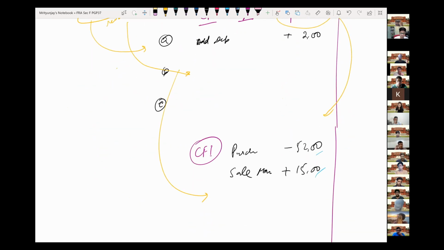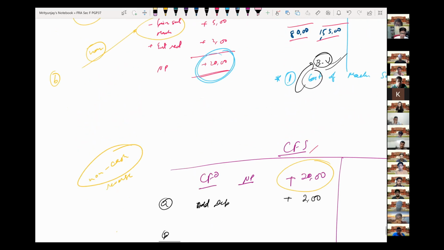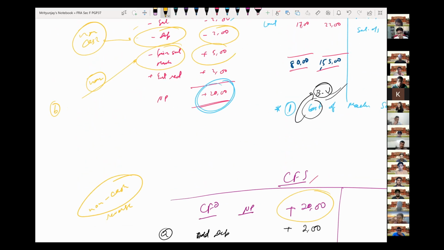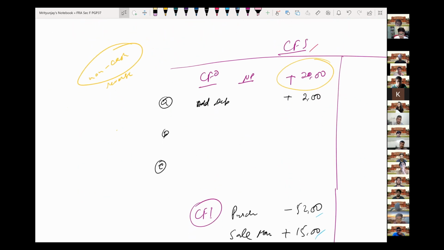So how do you reverse the impact of a gain of 5 lakh rupees? You subtract it. So you will say subtract gain on disposal of machinery, subtract 5 lakh rupees.